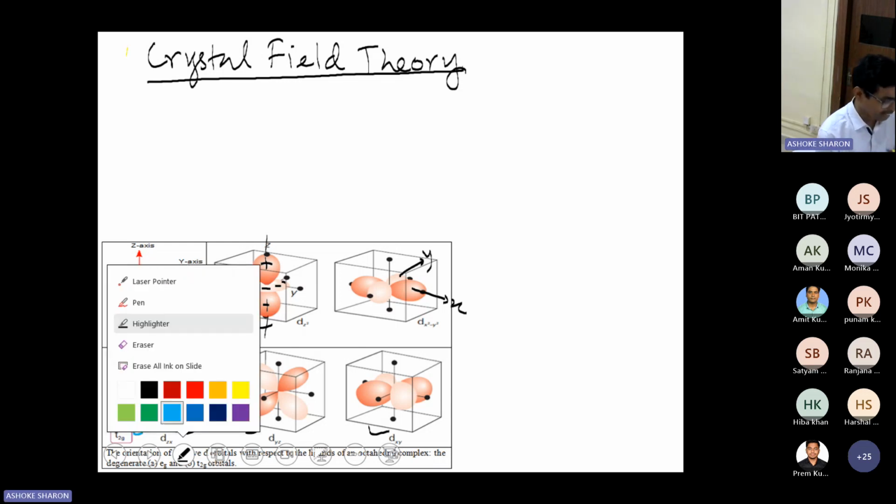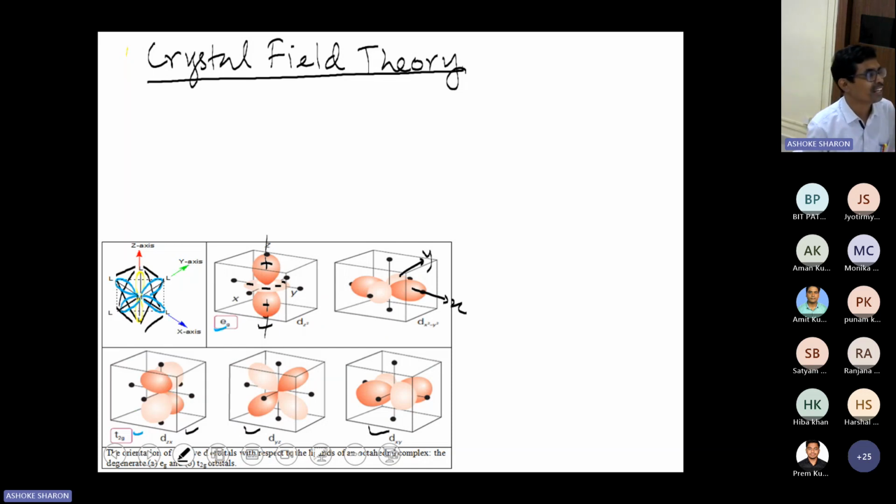Now again we come back to the crystal field theory. When we consider a particular electronic configuration, we know that there are 5 d orbitals. These 5 d orbitals under a crystal field experience a spherical field. In a spherical field, its energy is increased.